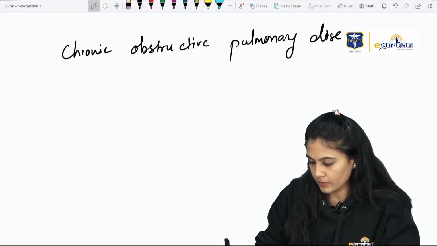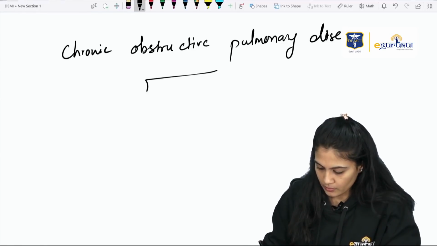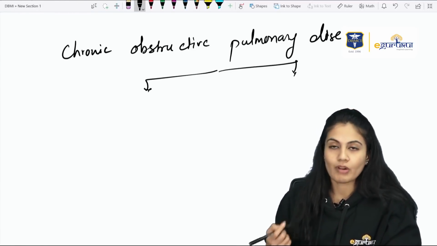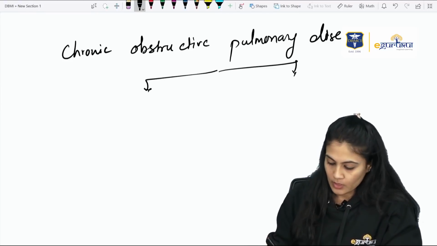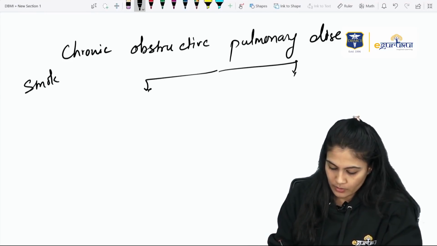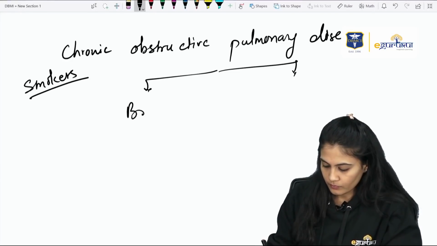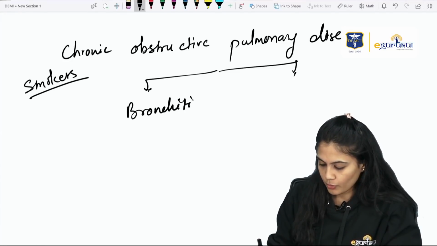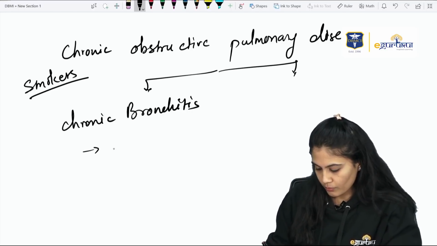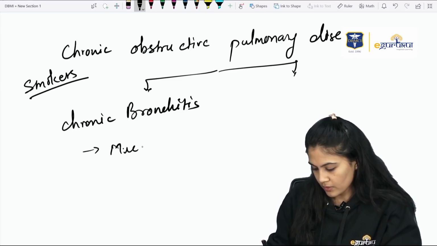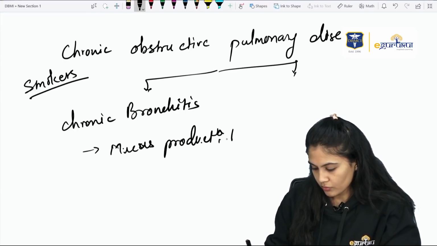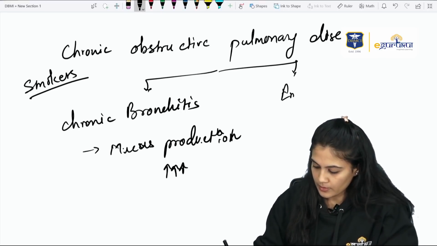It contains two things. First is chronic bronchitis, usually seen in smokers. In chronic bronchitis, mucus production is increased, too much. And another is emphysema.